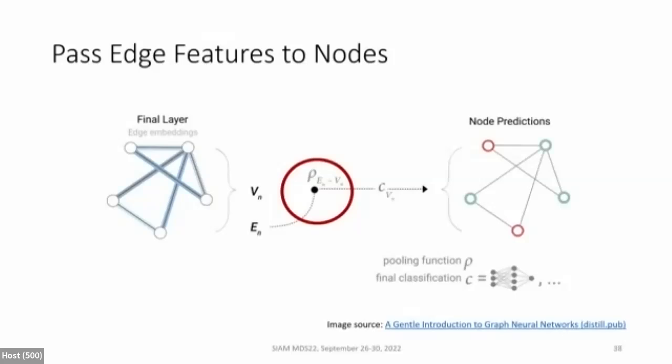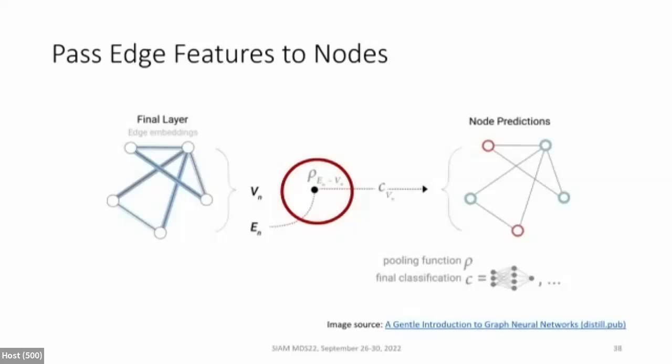So in this example here, we have edge attributes, but we want to make node classifications.